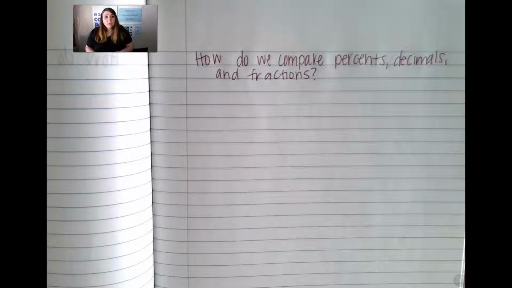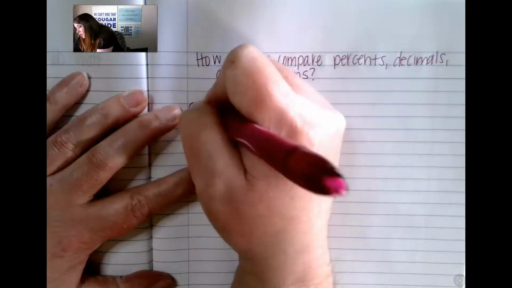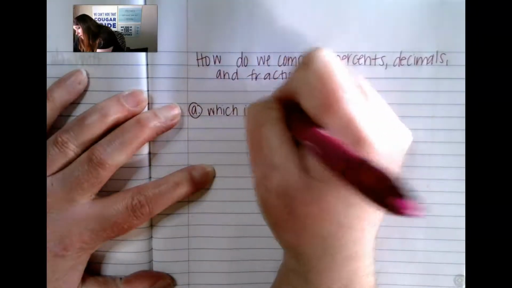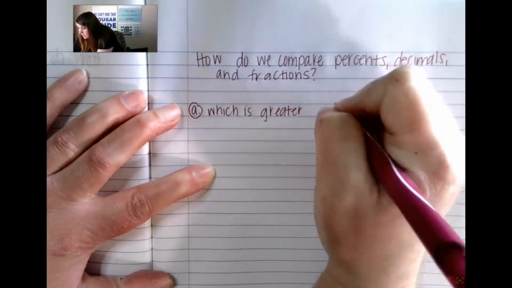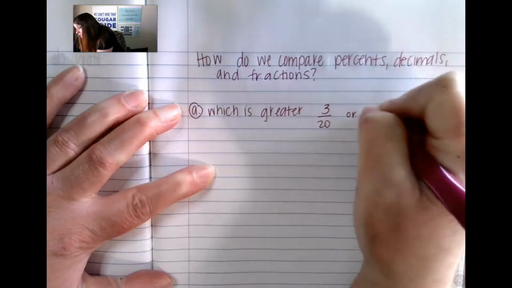When we're comparing, we want to make sure that all the things that we have are in the same form. So let's say I have a question and it asks me which is greater, and it gives me two things, 3/20 or 16%.